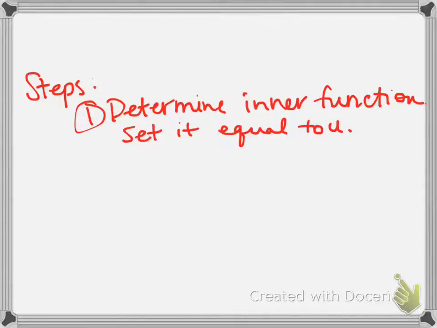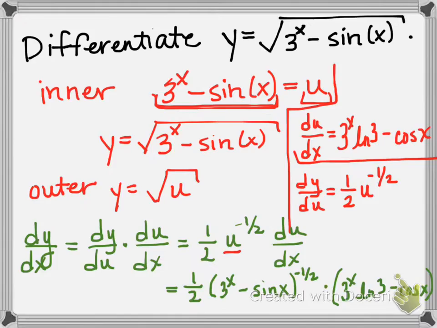Okay, so then let's go back and see what we do next. After we determine the inner function and set it equal to u, we determine the outer function. And the way that we do that is we replace the inner function in the function we're differentiating in the composite with u.